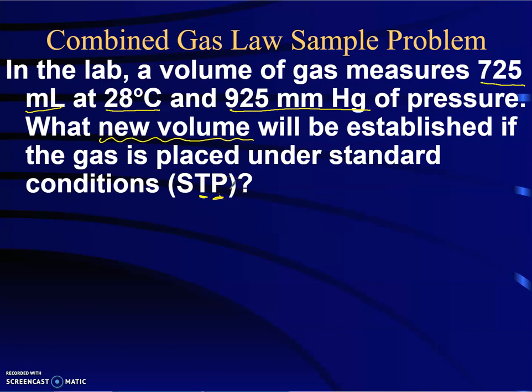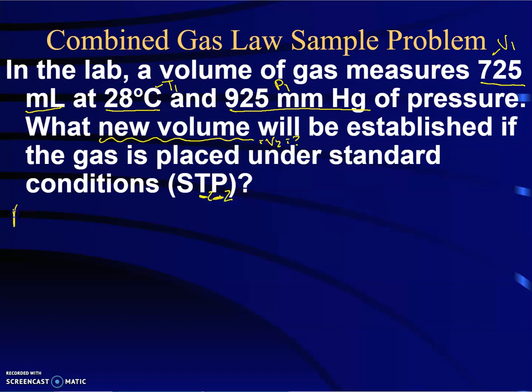So if we start writing down our variables, 725 milliliters is V1, 28 degrees Celsius is T1, 925 millimeters of mercury is P1. The new volume is unknown, V2, and this is obviously our T2 and our P2.